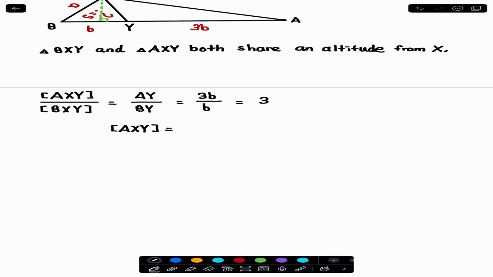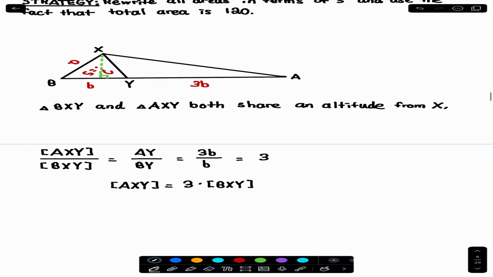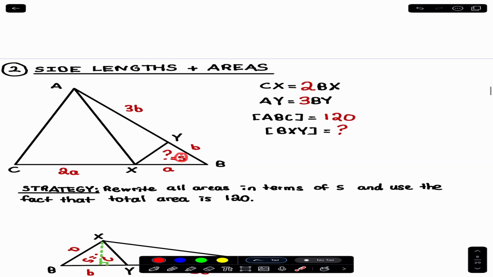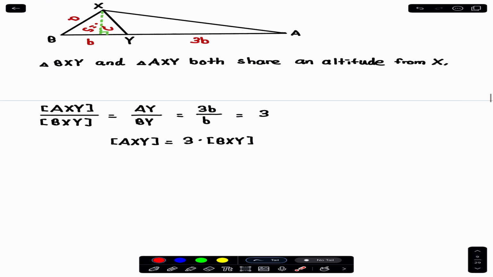We know the area of triangle AXY is 3 times larger than the area of triangle BXY. The area of triangle BXY is S. Sorry, it's kind of tilted, but okay, over here. You see it's S, which means the area of triangle AXY is 3S.